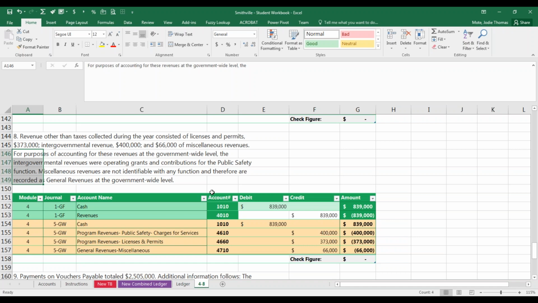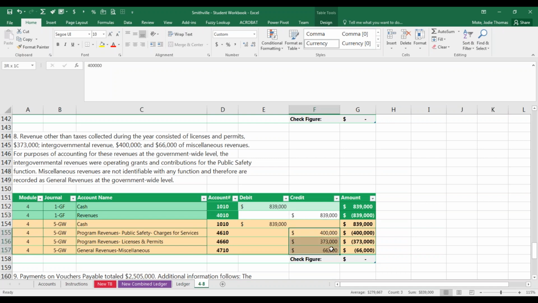Okay, so again, not drilling down on the revenues here to the subsidiary ledger, you're just totaling everything up. But in your Smithville application, it will ask you to drill down and differentiate these 3 amounts that it gives, and I differentiate them here in the government-wide journal.